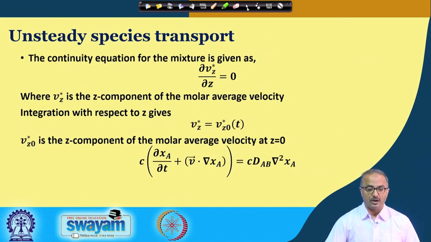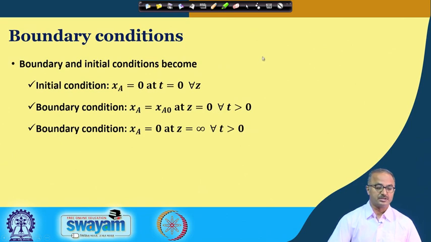So let us see how we shall specify them. For the initial condition, in phase B there is no Xa to start with, so we put Xa equal to 0 for all Z. Understand that this Z is taken from the interface between A and B, and it moves inside B.